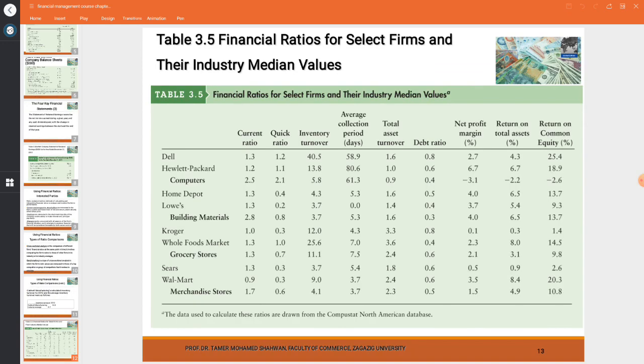As you see, you could calculate different types of ratios, and we are going, inshallah, in this chapter to calculate each one of them. Then you are able to compare this ratio at a specific date with the ratios of other competitors, or with the industry average.